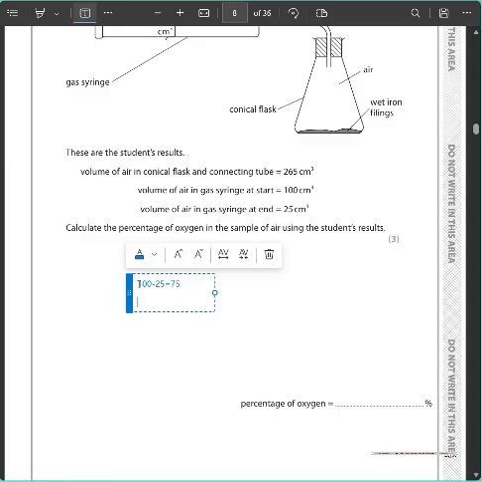That's why we will divide 75 by 365 to find the oxygen's percentage in the flask, and converting to percentage we will multiply it by 100 and the answer will be 20.5%.